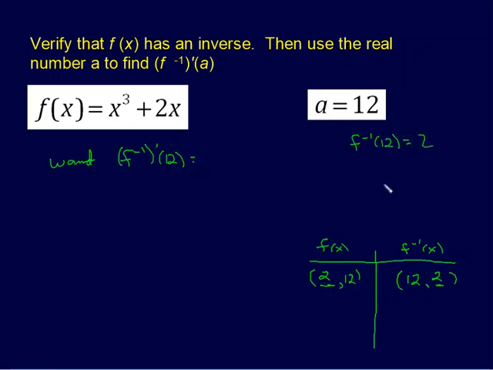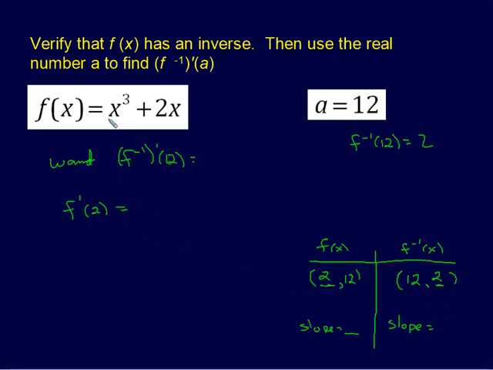Okay, and now the theorem says if I want to know the slope here, what I'm really going to do is find the slope on f of x at the point (2, 12), and then all I have to do is flip it upside down over here. So my work is really to find f prime of 2, and once I find that answer, that slope is going to be the reciprocal over here.